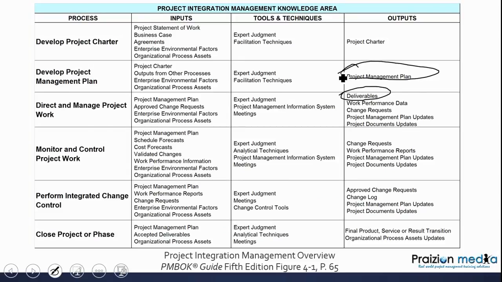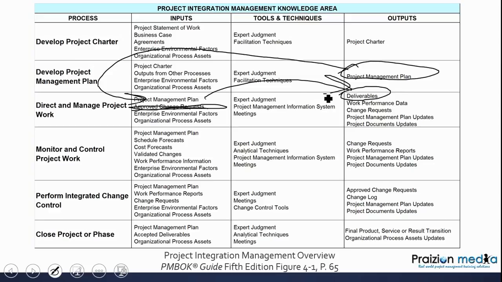In other words, your project management plan has now become an input. You have executed upon the plan. If there are any change requests, you have also executed upon those change requests, and you've come out with your final product, service, or result, known as a deliverable.